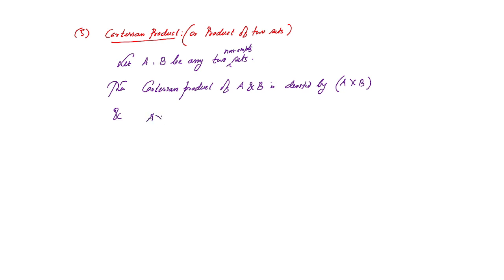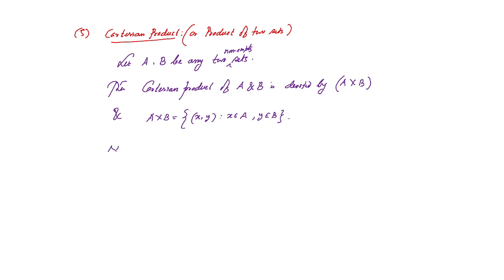And it is defined by A Cartesian product B, that means it should be an ordered pair (x, y) such that x belongs to A and y belongs to B. So just like an ordered pair.